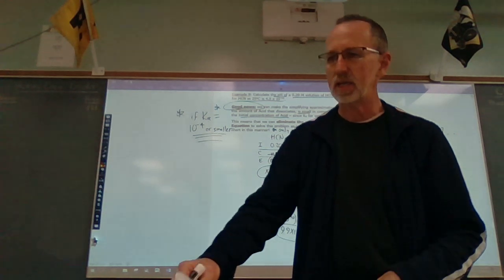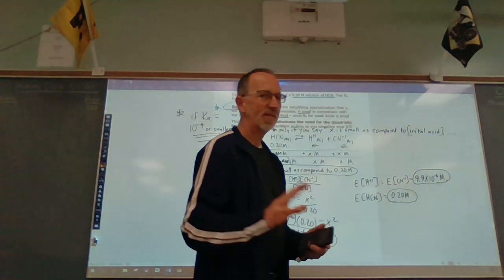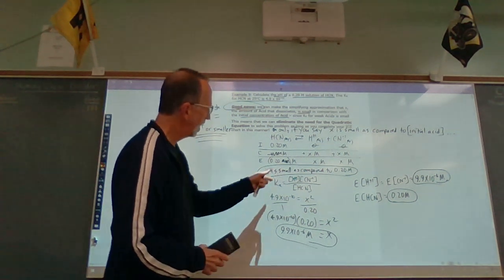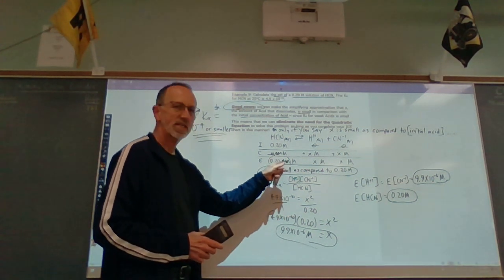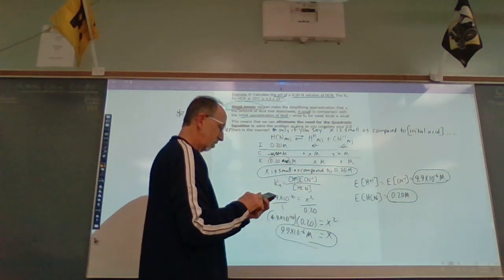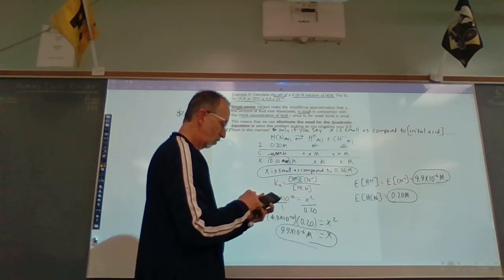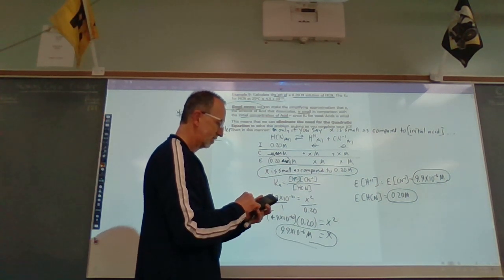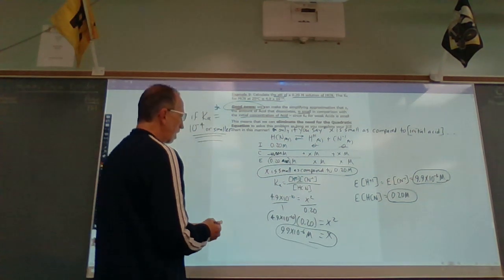Now let me do a quick calculation here. Let's just say, for the sake of argument, that we hadn't scratched that out. I can give you an approximation of what this would be without using the quadratic by simply subtracting this out of here. 0.20 minus 9.9 times 10 to the minus 6.